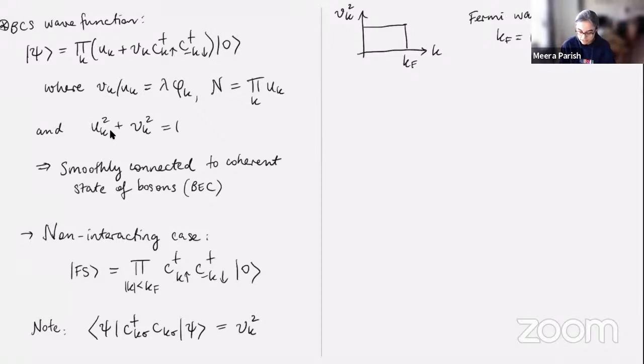You can obtain that from the fact that the density is given by summing up, or integrating over all the different momenta, VK squared, and that's how you can find what the actual Fermi momentum is. So that's related to the density.